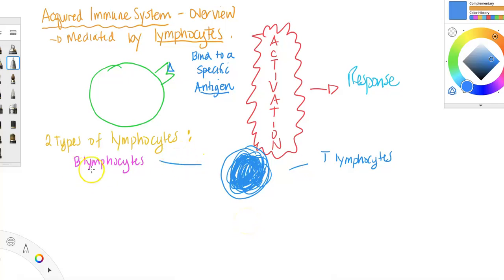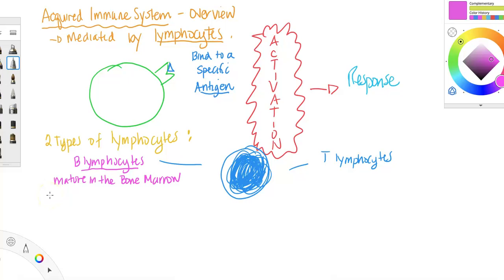All right? B lymphocytes mature in the bone marrow. And that's pretty easy to remember. B lymphocytes, bone marrow. Okay? So they mature in the bone marrow.